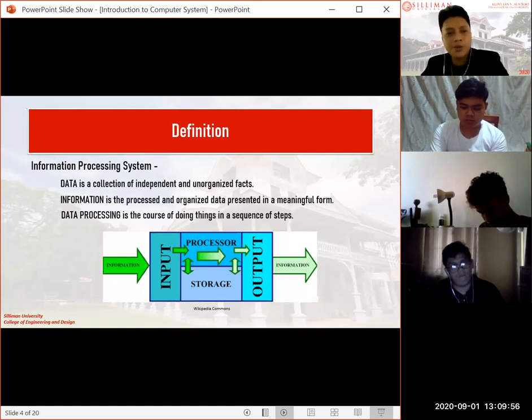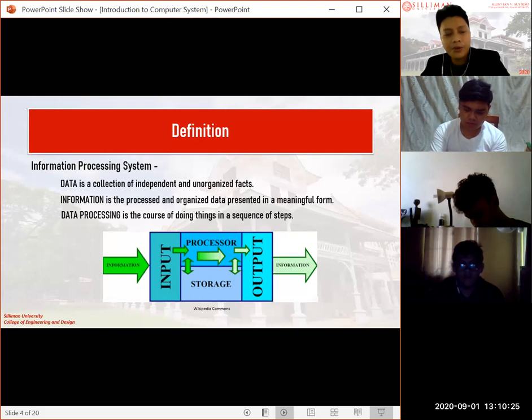A very good example of data is a keyboard stroke. Let's say you press a key on your keyboard, that's data. And for the computer, it is just a value. Then it is processed by the computer, and when it processes, it says, okay, you are hitting the Q button, therefore I will display it on the screen as an output.